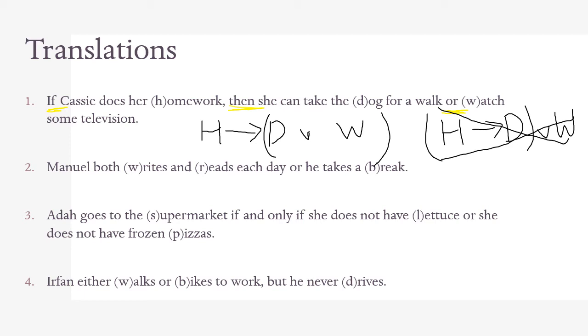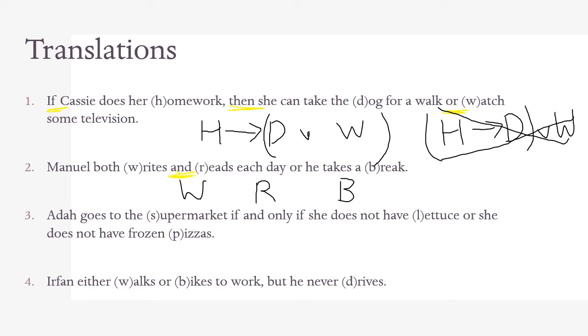Let's look at the second sentence. Manuel both writes and reads each day, or he takes a break. So again, we can go ahead and just write out what our letters are because they're given to us. And now let's look back through to see if we can find our operators. So Manuel both writes and reads.